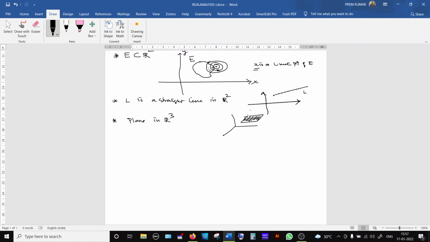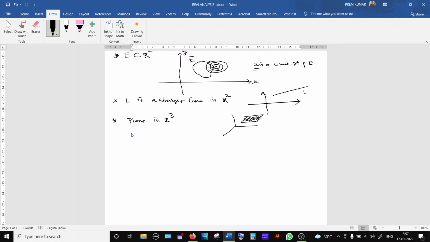Definitely I can find one sphere with center at this point which does not contain any point of the plane. So all the limit points will be on the plane itself. These are the simple examples they give.